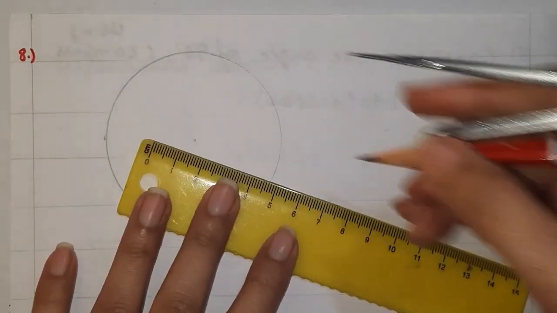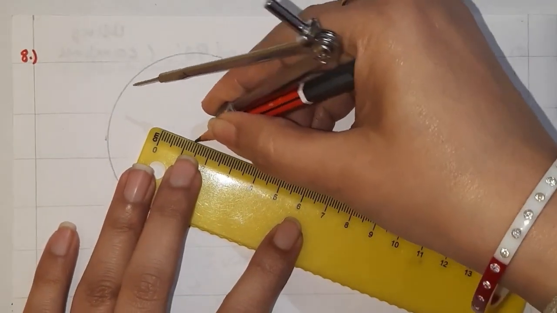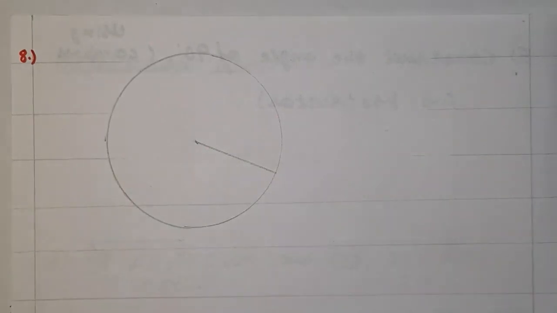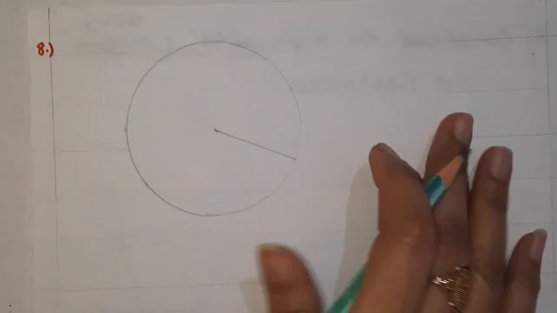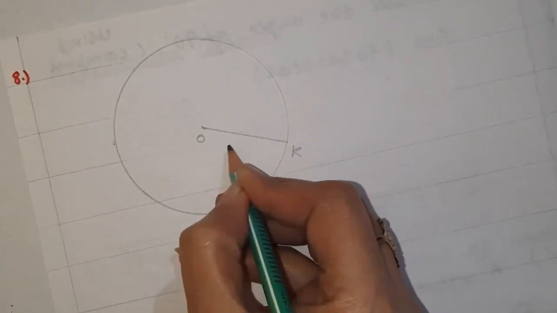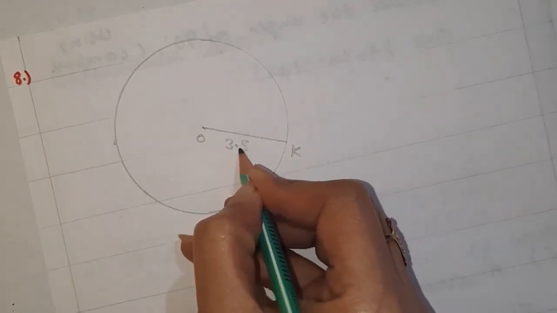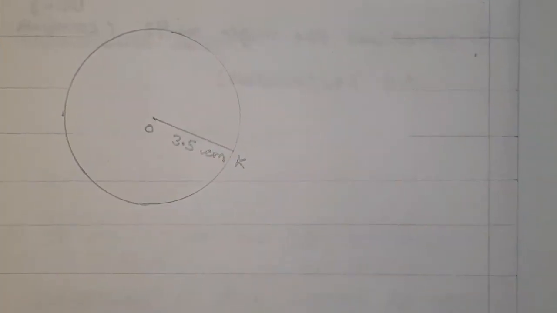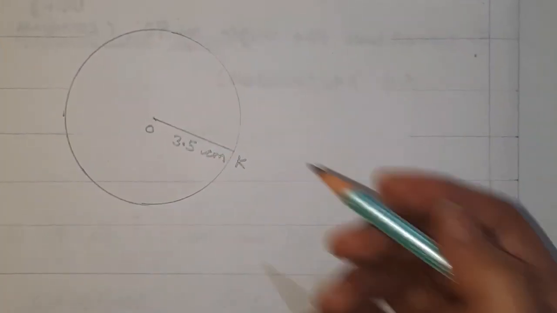Okay, now from the center point, name the radius. Okay, any name you can take. 3.5 centimeter. Now it is said in the question, draw 3 points.